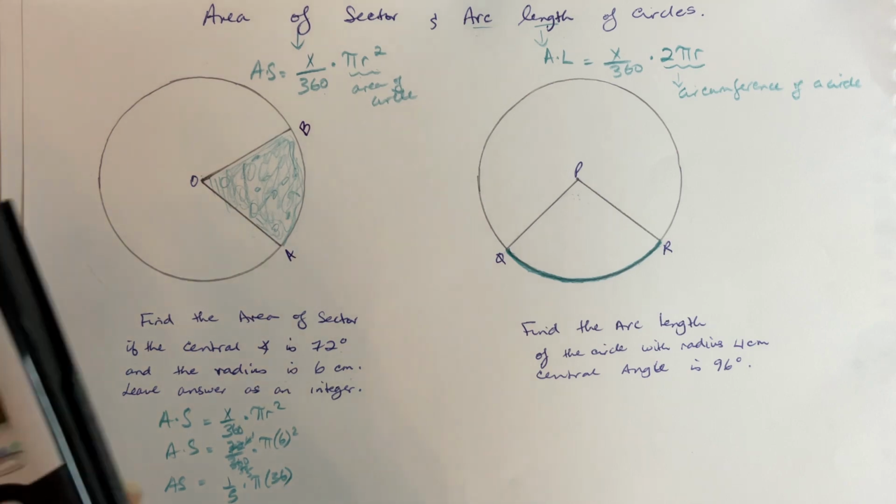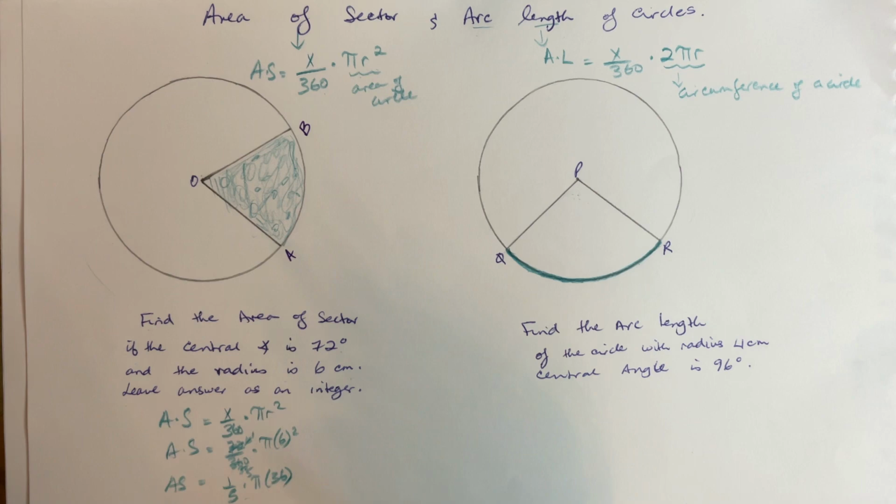All right. So I'm going to use my calculator. I'm going to do 36 divided by 5 equals 7.2.